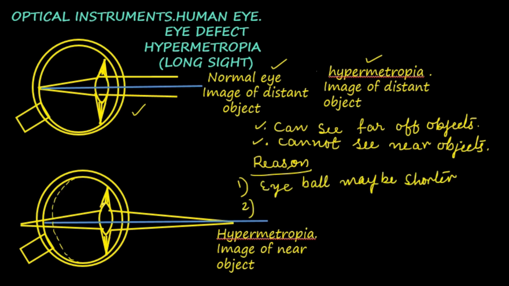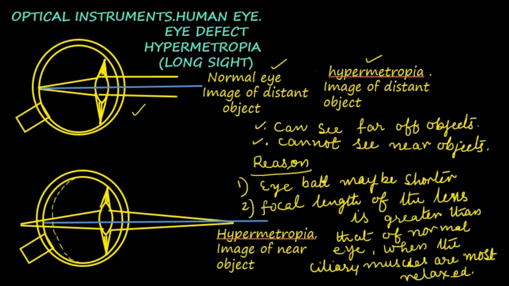The focal length of the lens when the ciliary muscles are most relaxed will be greater in hypermetropia patients than the person having normal vision or normal eye. This defect can be overcome by using convex lenses of suitable focal length.